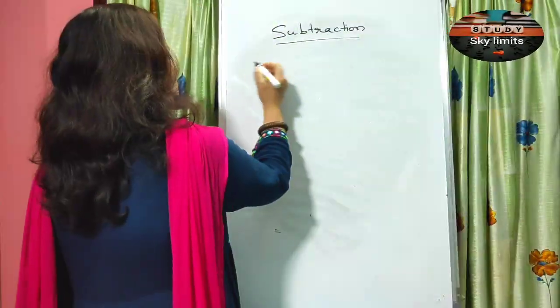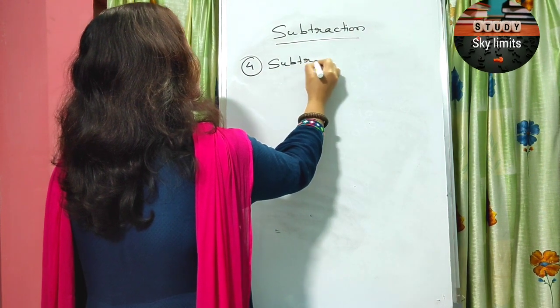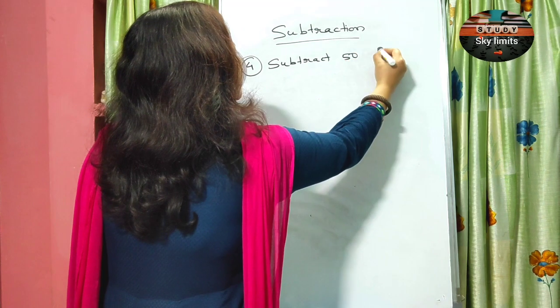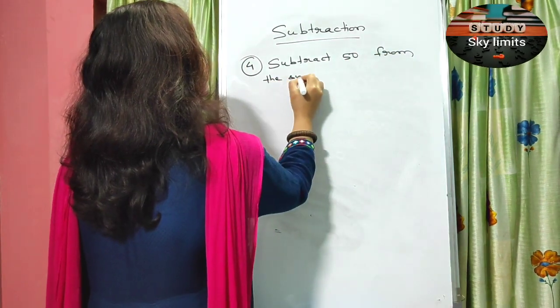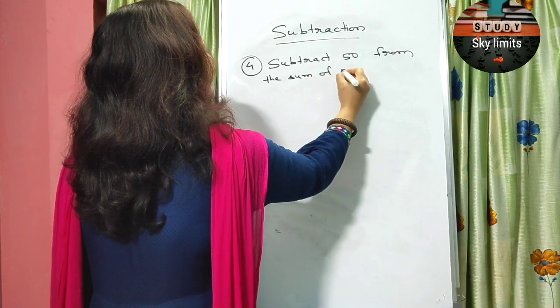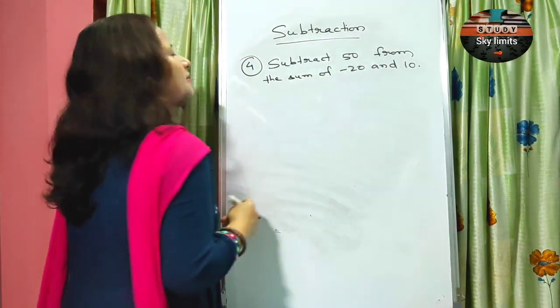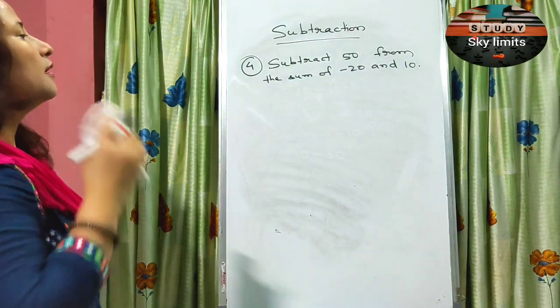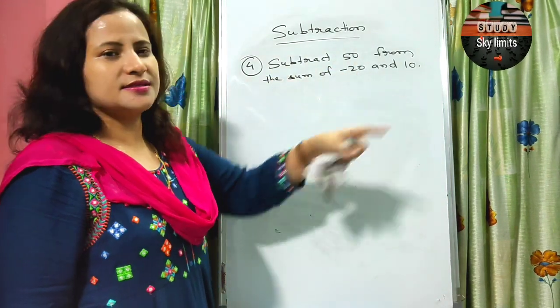Let's come to some other questions, like question number 4. Subtract 50 from the sum of minus 20 and 10. Suppose now you have this variety of questions also in your exercises, that subtract this from the sum of this and this.